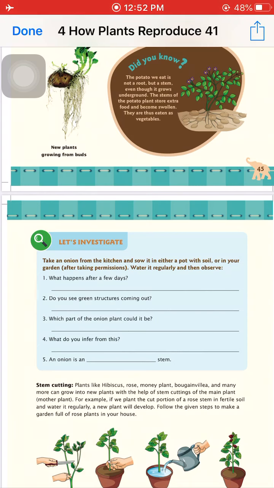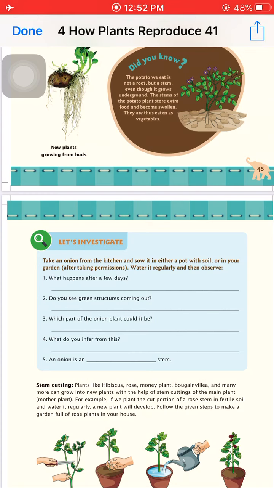Simply, if you have kept any onion or potato in a fridge for a long time, you see that small buds appear on the surface of the potato, or small leaf-like structures appear on the starting tip of the root on the onion.